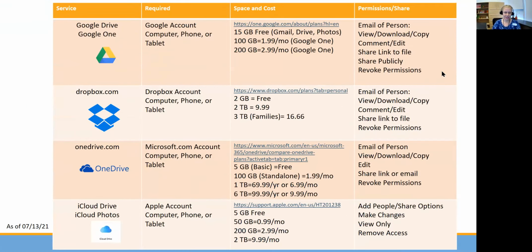Okay, so here is a quick little chart of just some. There are far more than this, but I just wanted to give you an idea of some of the services and how they're similar to each other.